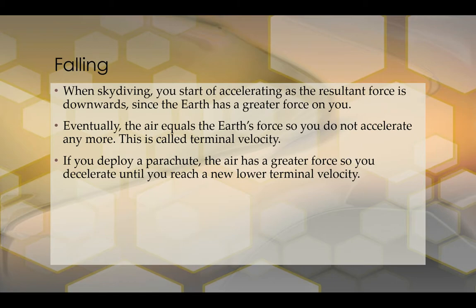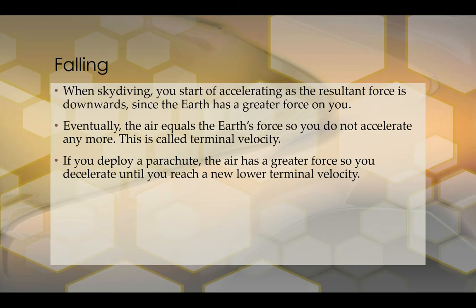So, for example, when you're falling, you start accelerating because the resultant force is negative, so downwards, as the Earth has a greater force on you in gravity than the air resistance. But eventually, the air resistance equals the gravity's force, so you don't accelerate anymore, and that's called terminal velocity.